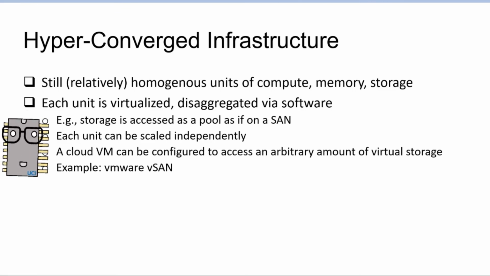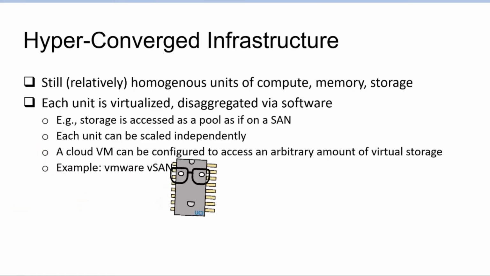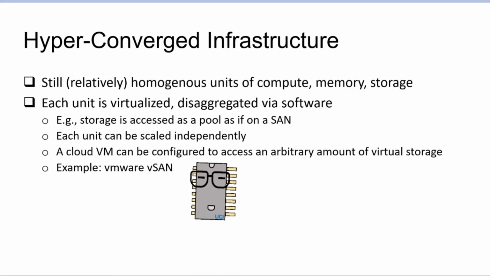And each unit can be scaled independently because the performance distribution and the access management are all managed by the middleware layer. There are good examples like VMware vSAN, which is supposed to be very helpful in balancing between taking advantage of the economy of scale when you buy off-the-shelf parts, and better management via elastic allocation of resources.